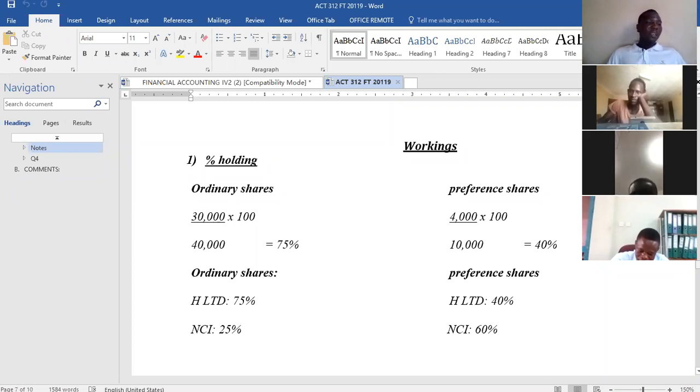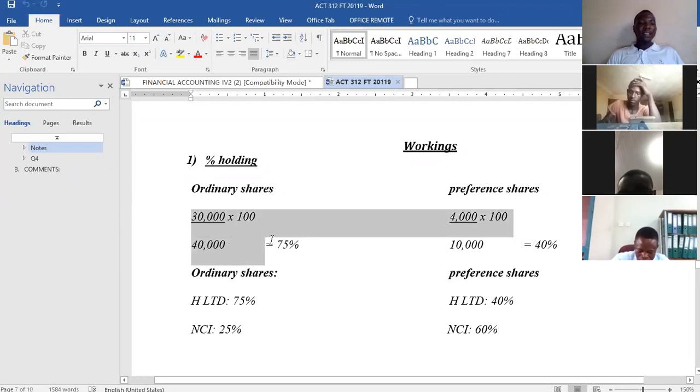In note 1, they said he bought ordinary shares for 44,000. But how many ordinary shares did he buy for 44,000? He bought 30,000 ordinary shares. So how many percent is he getting from the purchase of the 30,000 ordinary shares?